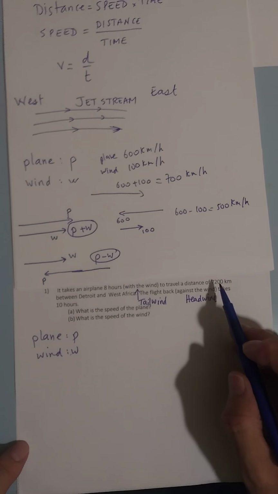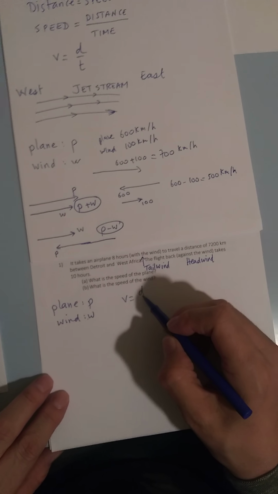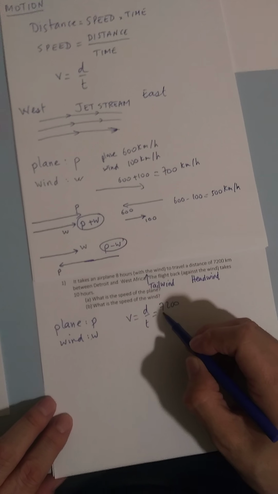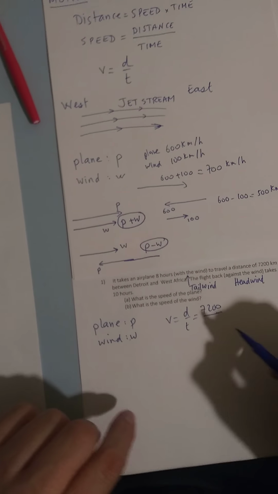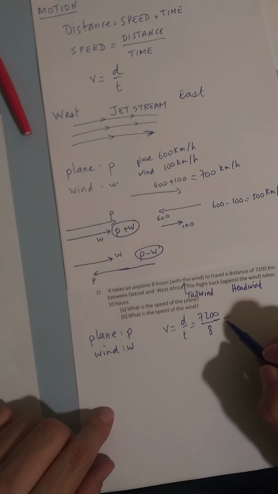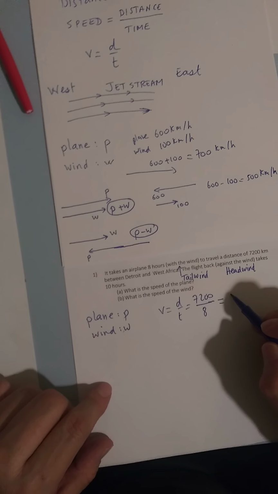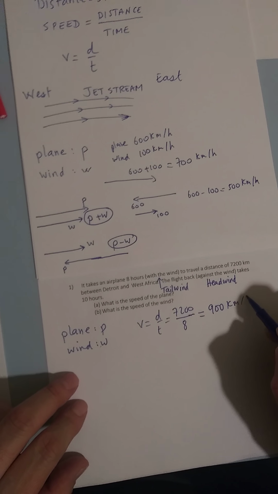Okay, the distance is 7,200 kilometers, so speed equals distance divided by time. So you divide 7,200 kilometers by the time, and the time is 8 hours. This is 900 kilometers per hour.